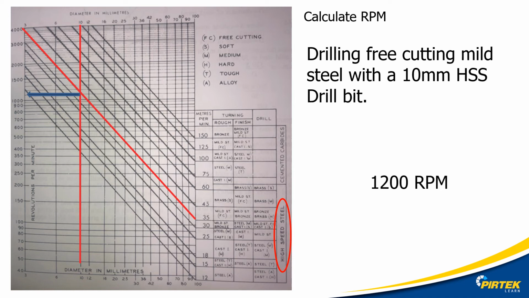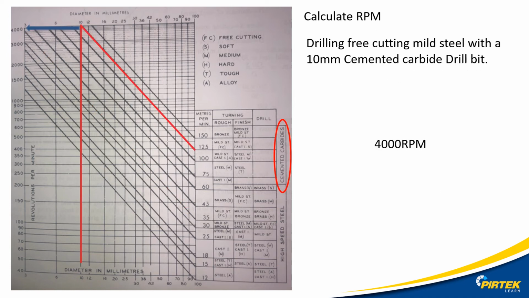Where the alloy, surface speed and diameter lines intersect, that will give me my RPM. In this case, 1200 RPM. Here we can see if I change the cutting tool alloy, in this case change high-speed steel to cemented carbide, our RPM is now 4,000 revolutions per minute.